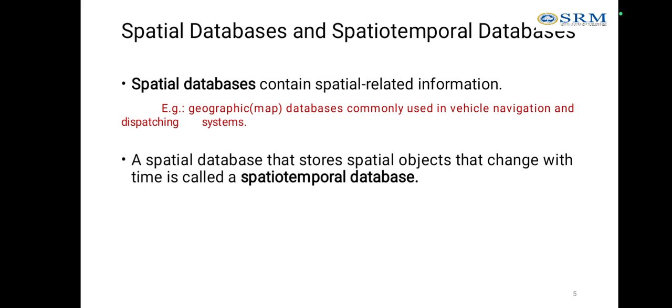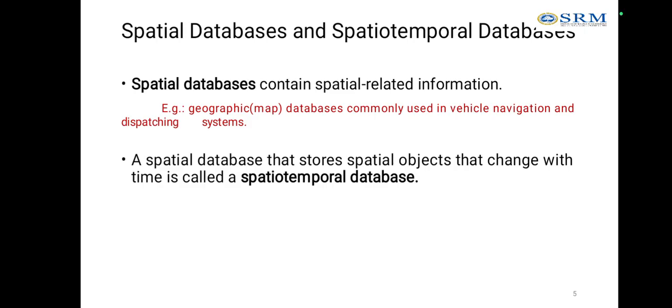Sometimes locations change over time and from person to person. For example, tracking a delivery vehicle, monitoring a moving cyclone, or following animals that migrate from place to place. These applications require spatio-temporal databases, which store both space and time information.